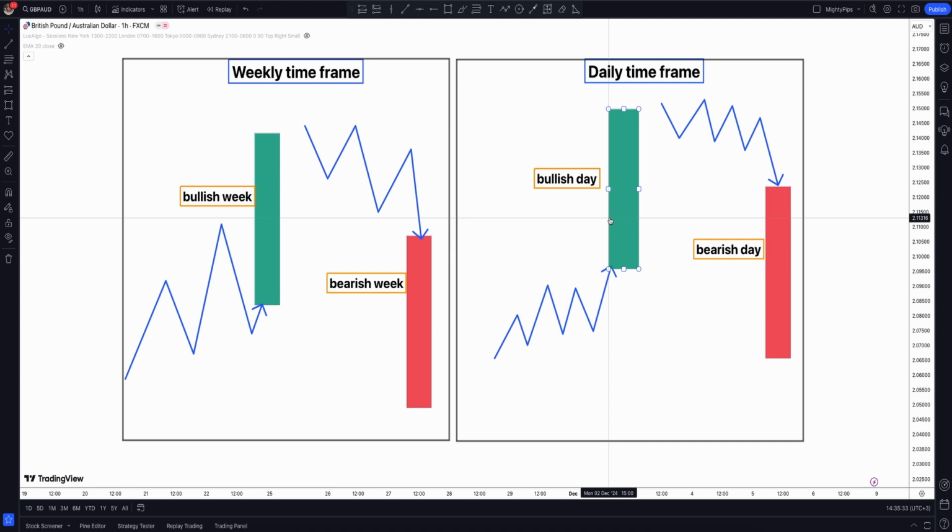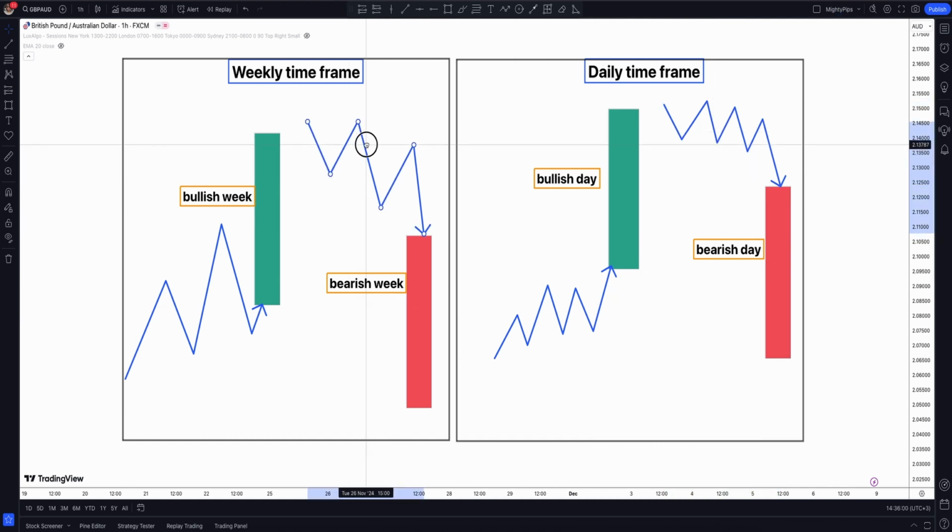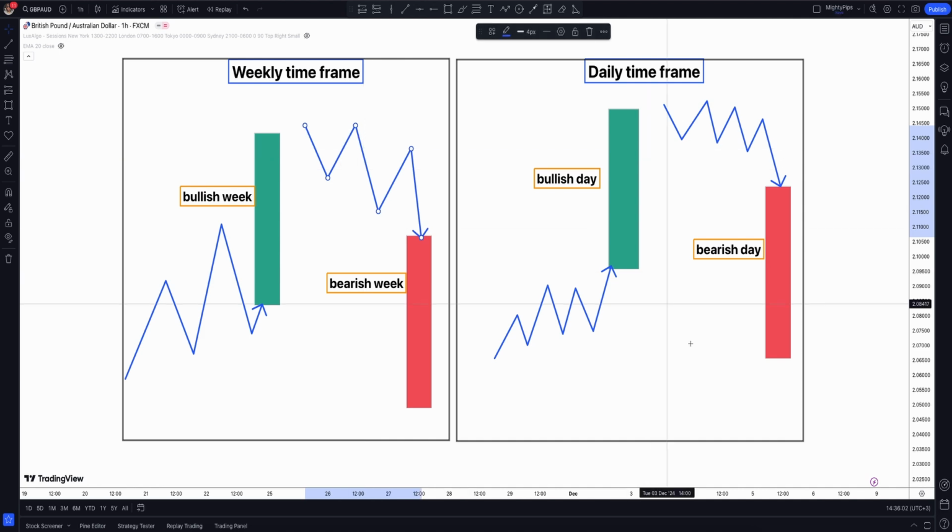Make sure that candle closed bullish before you determine the next day's bias. On the other hand, if you're determining a bearish day, make sure that the candles are printing lower lows and lower highs. Market structure is bearish, and make sure also the weekly chart is bearish, and then make sure the previous day's candle has closed bearish.